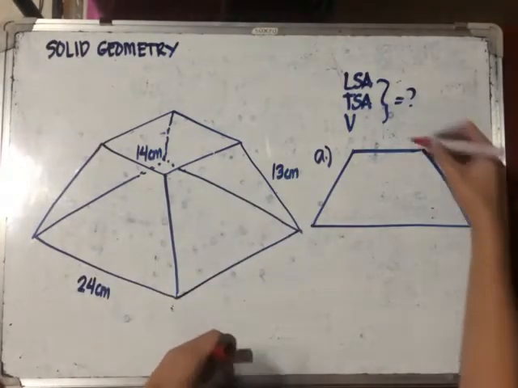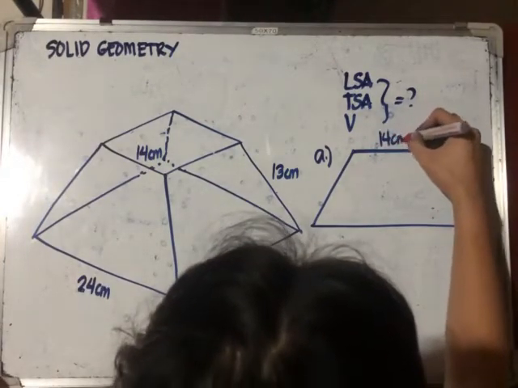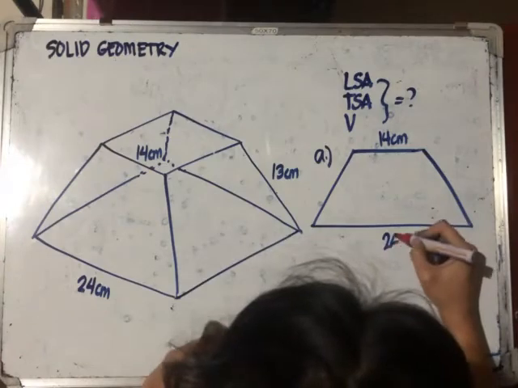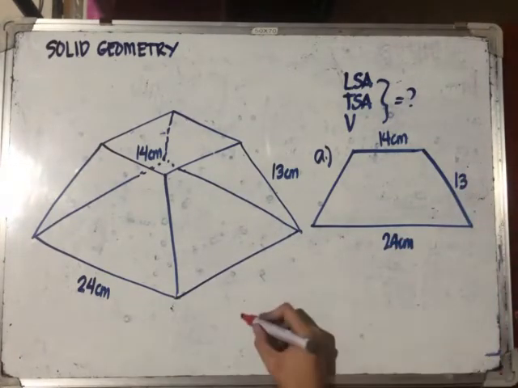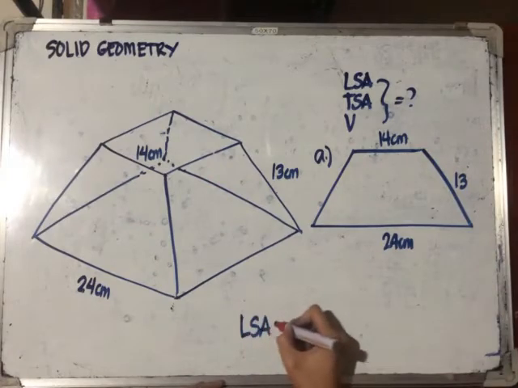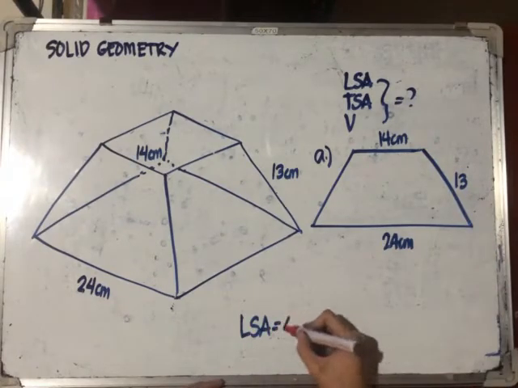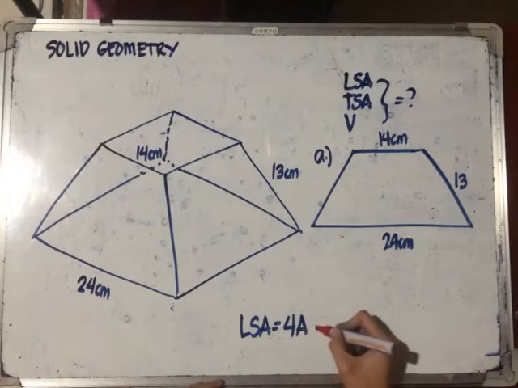So, this would be 14 centimeters. And this is 24 centimeters. Ito yung 13. Tama? And if you are to get your lateral surface area, what you need to do is to get 4 areas of trapezoid.